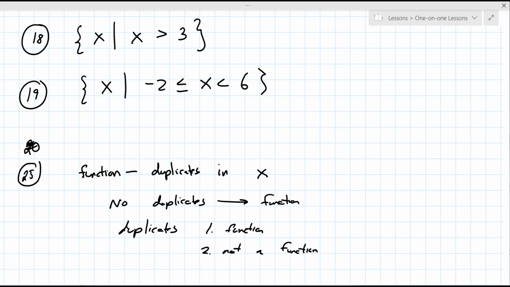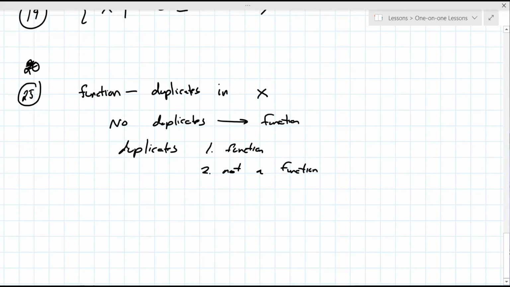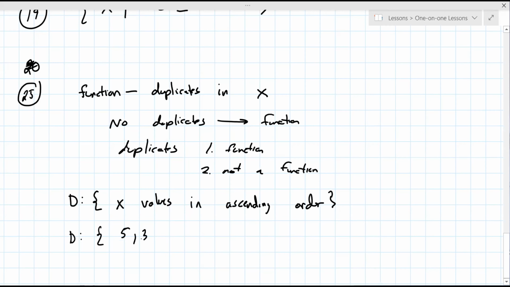The way you determine the domain is the x values. You put the x values in ascending order, which is usually preferred. That means increasing order. In this problem, you might write the domain as 5, 3, 4, 7, but your instructor might want you to put it in ascending order like this.